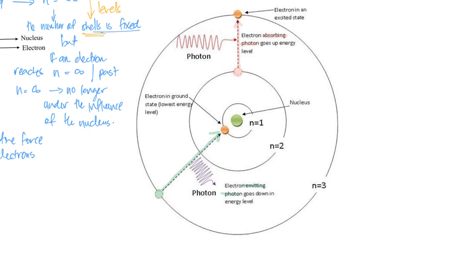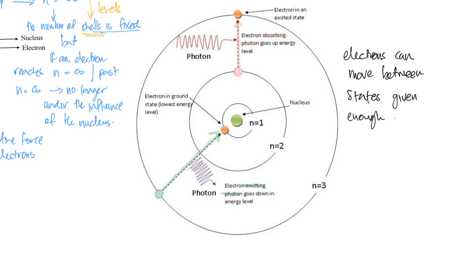So the basic idea is these electrons can move between states given enough energy, or if there is enough energy release.